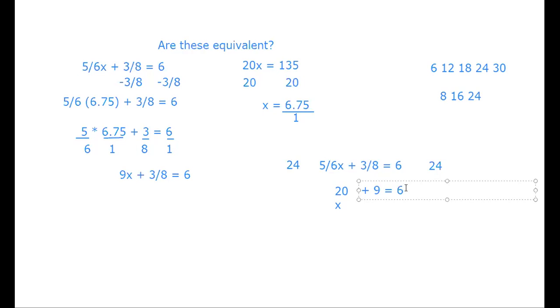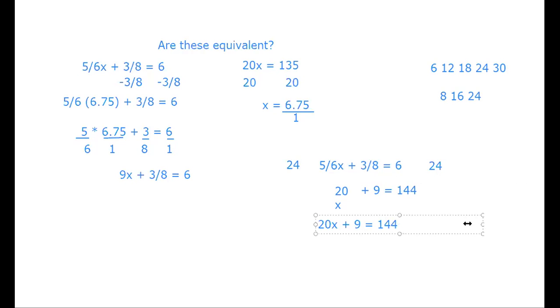Can't just leave this 6 here. I got to multiply that by 24 also. And over on that side, I get 144. So when I rewrite this, 20x plus 9 equals 144.